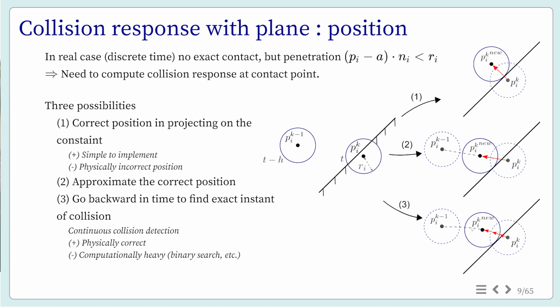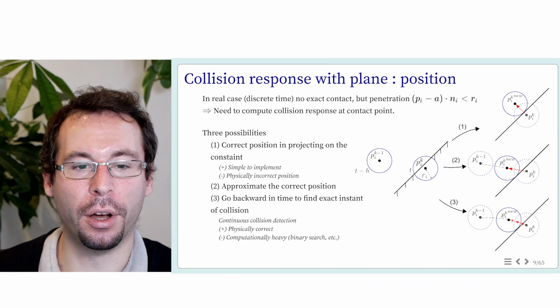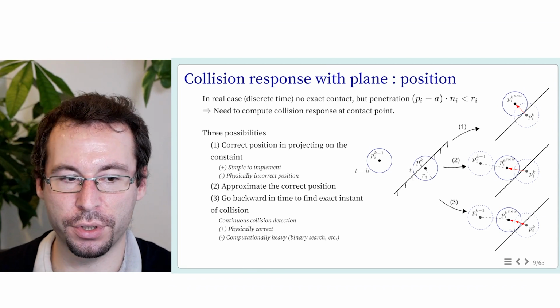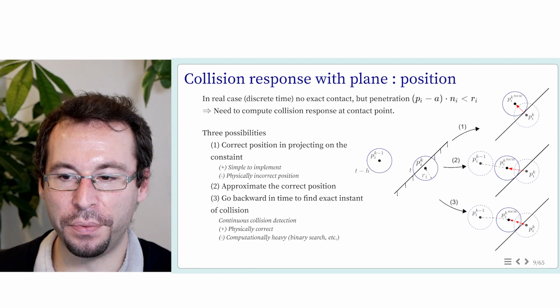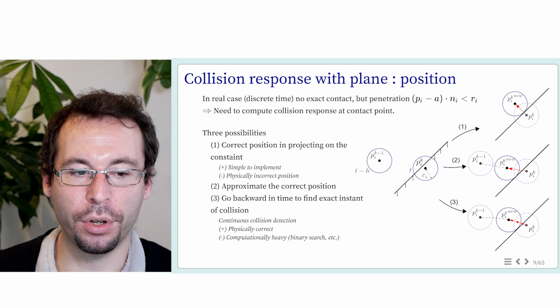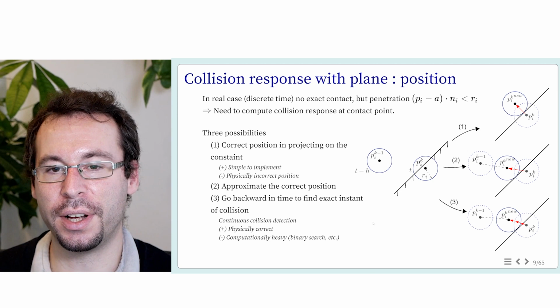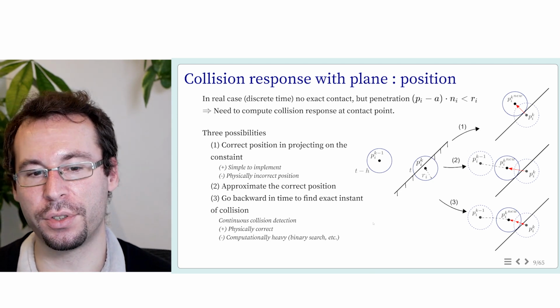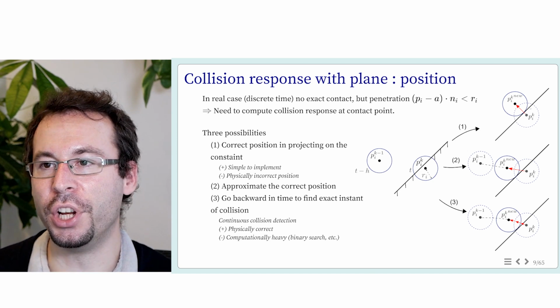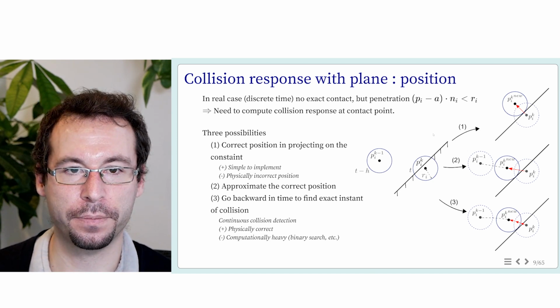I can use some numerical algorithm, typically using some binary search, to quickly find the closest time where the collision occurs. Then this is actually physically correct. I find the correct time where the collision occurs, but the computational cost associated with that is, of course, more heavy than just projecting the sphere on the plane.